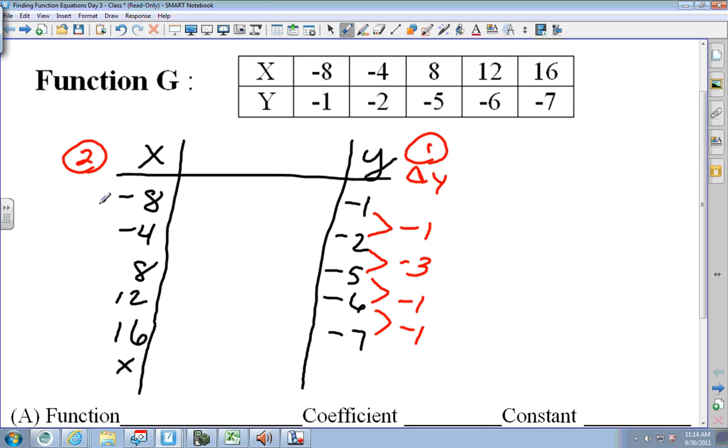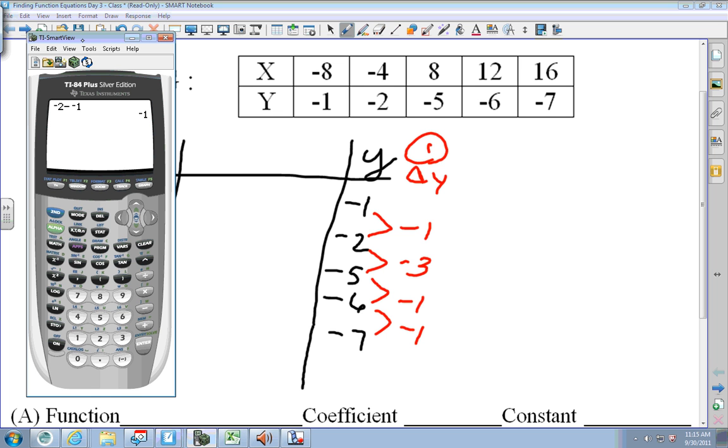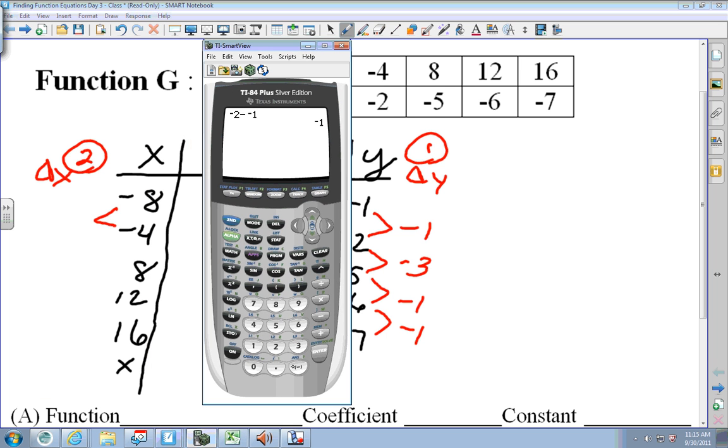Here is step 2 to find delta x. Same thing, take the bottom number minus the top. So let me make sure you understand that. -4 minus -8. Enter. Gives me +4.